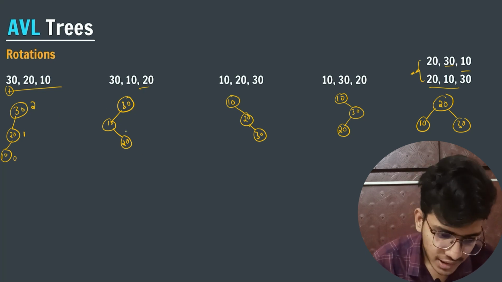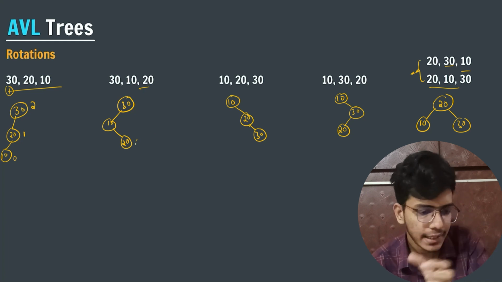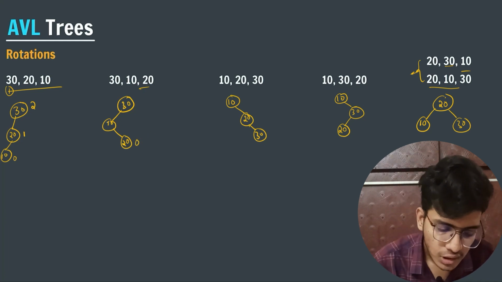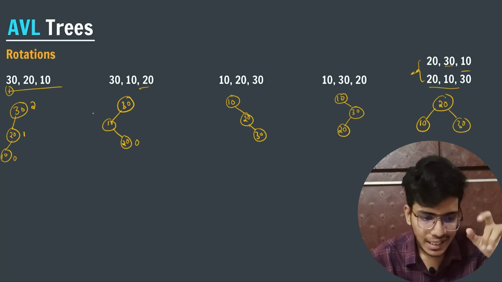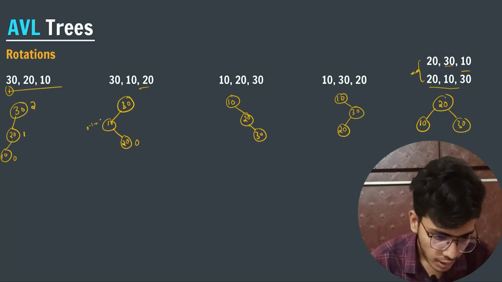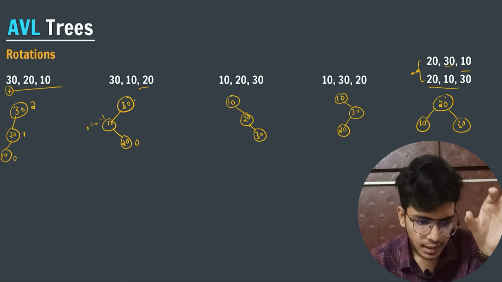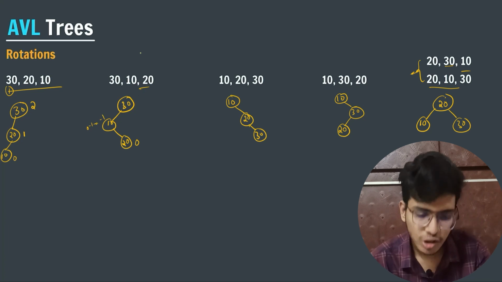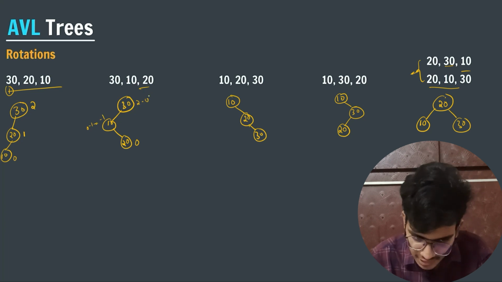Now for this second structure, for 20, the leaf node, there is no left height, right height, so it will become 0. And for this 10 node, it has some right child and left child is 0, so 0 minus 1, this will give me minus 1. And for 30, the left child height is 2, so this will give me 2 minus 0 because there is no right height.